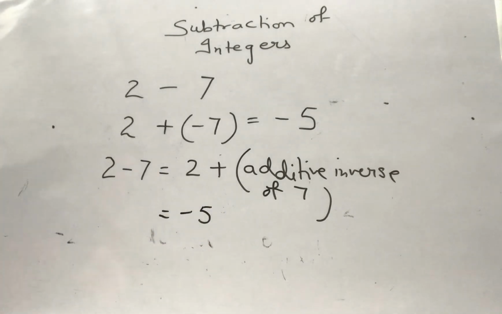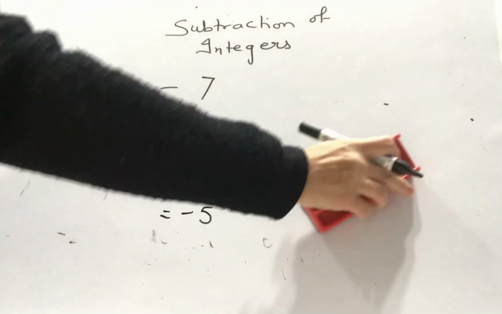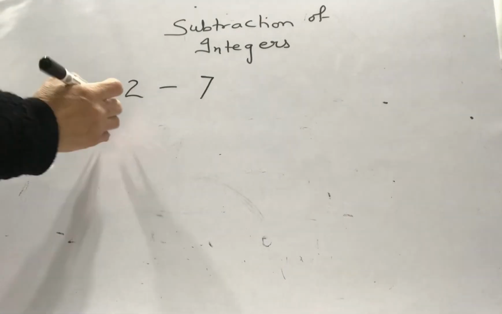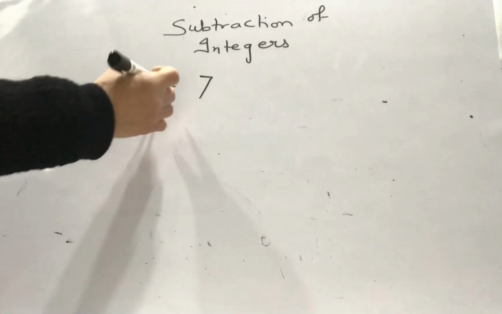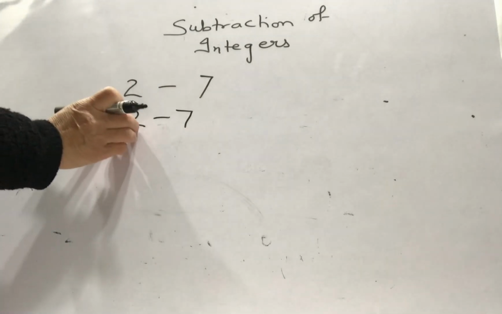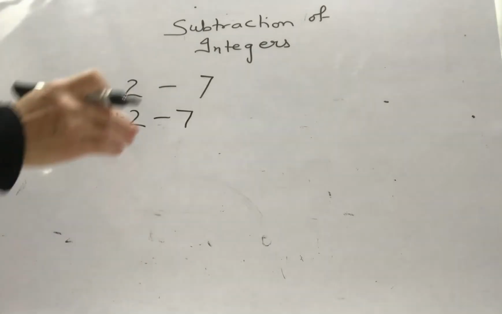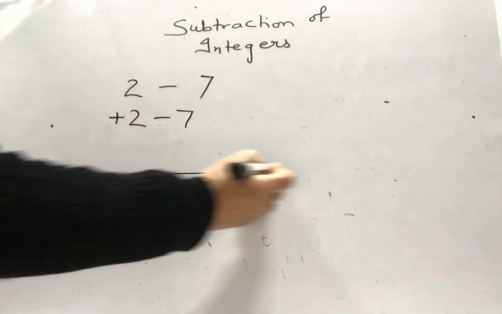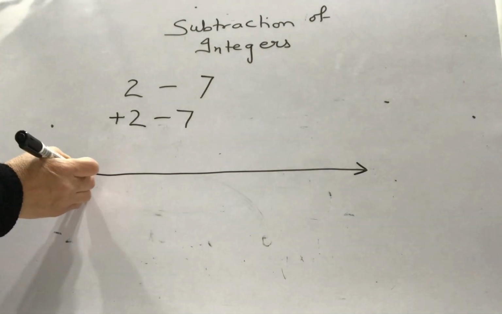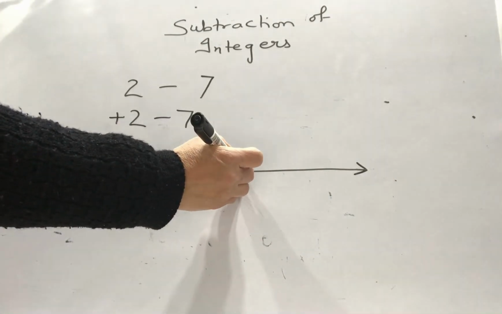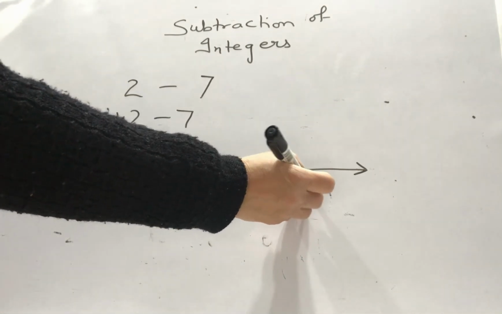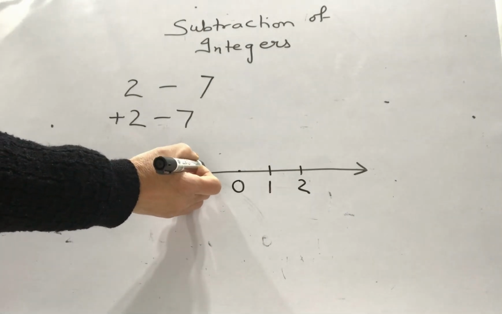Now let's see this on number line. This is a positive integer. When nothing is written, it is actually plus 2. And this is minus 7. Plus means moving on right. Minus means moving towards left. So you can take proper scale markings. I am taking 0, 1 centimeter from your scale you will mark 1 and 2.